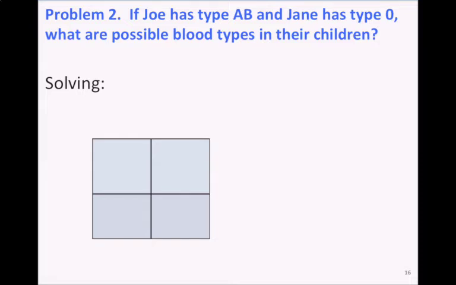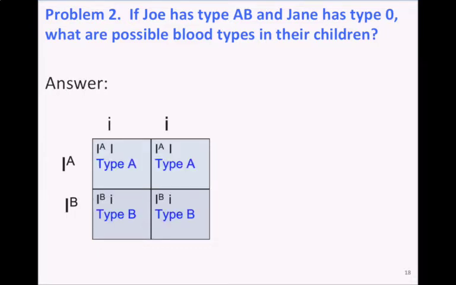Pause until you figure this out. Hopefully you got this in your Punnett square, and now fill out the rest. So here we have 2 possible blood types in the children, either type A or type B.